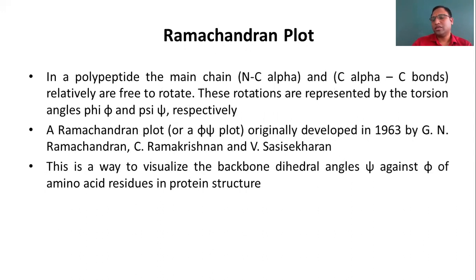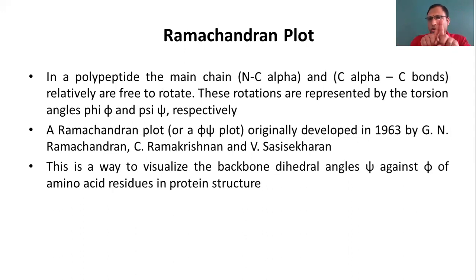Next, the important part is the Ramachandran plot. In a polypeptide chain, you know that the main chain atoms are N, C alpha, and C. That is, C alpha is in the center, next to that is the NH group, that is N, C alpha, and then you have C alpha and COOH.